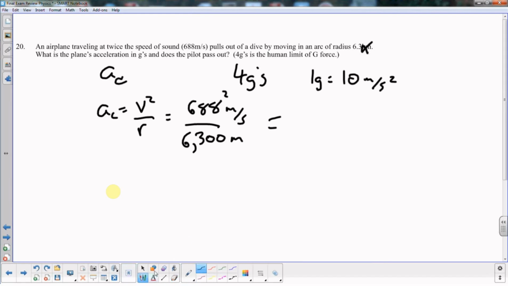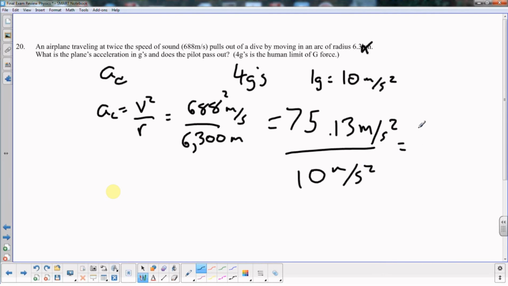So let's try this again. 688 squared divided by 6,300. There you go. 75.13 meters per second squared, which divided by 10 meters per second squared is 7.5 Gs, which means a pilot passes out.